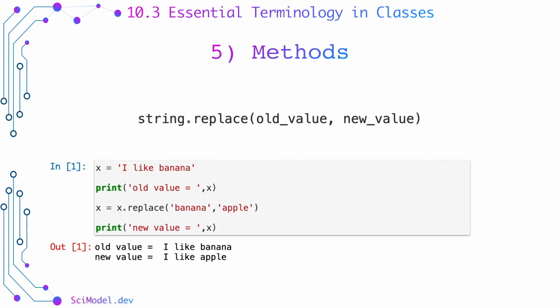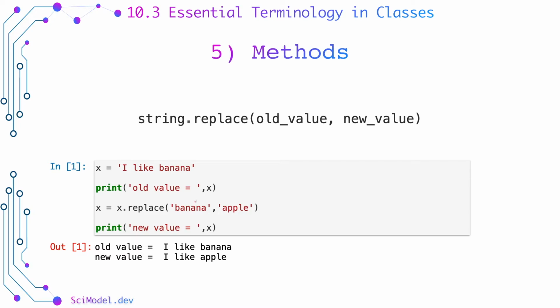Let us look at another example. String objects have a method called replace, which is used to replace certain specified characters with a new one. This is the syntax of the replace method. This will replace an old value with a new value. We have a string value assigned to variable x.